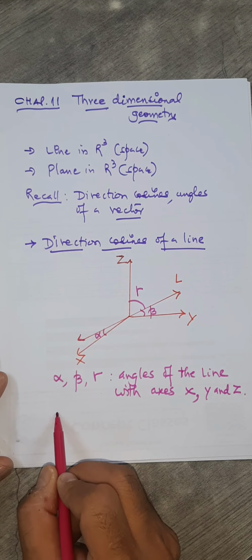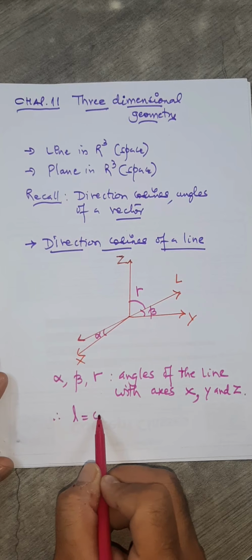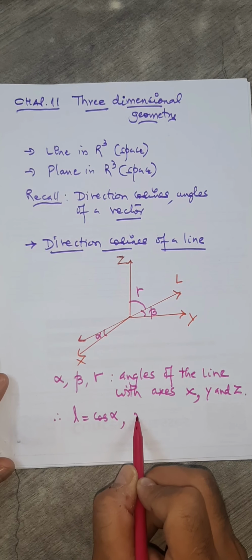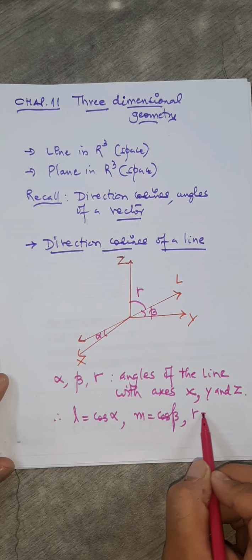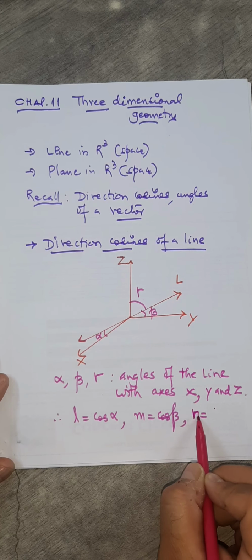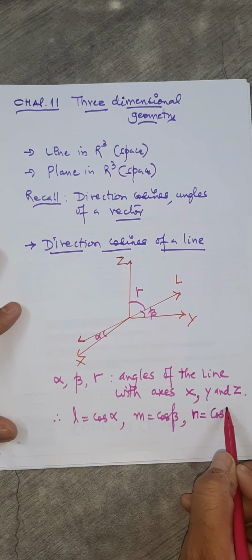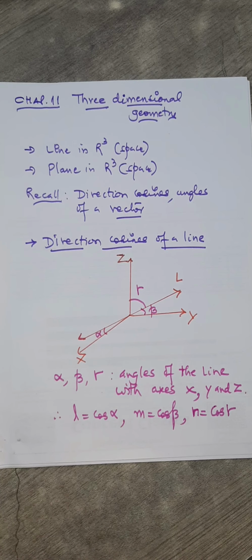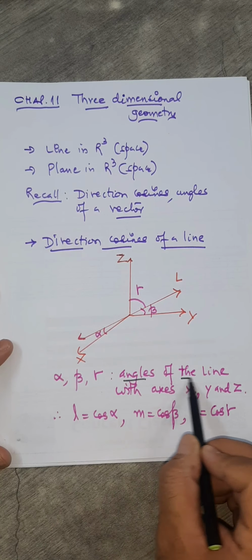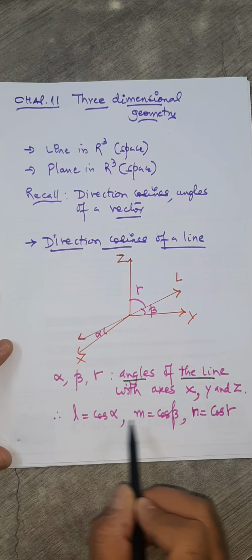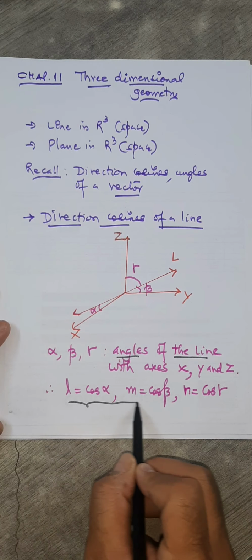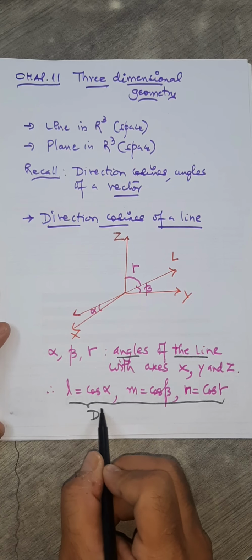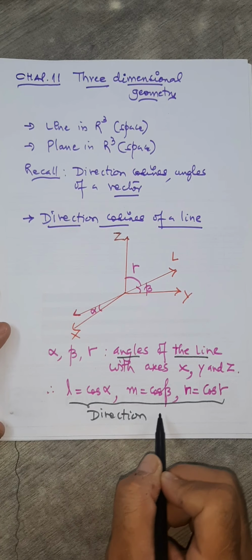And therefore small l equals cos alpha, small m equals cos beta, and small n equals cos gamma. Here cos alpha, cos beta and cos gamma are called direction cosines.